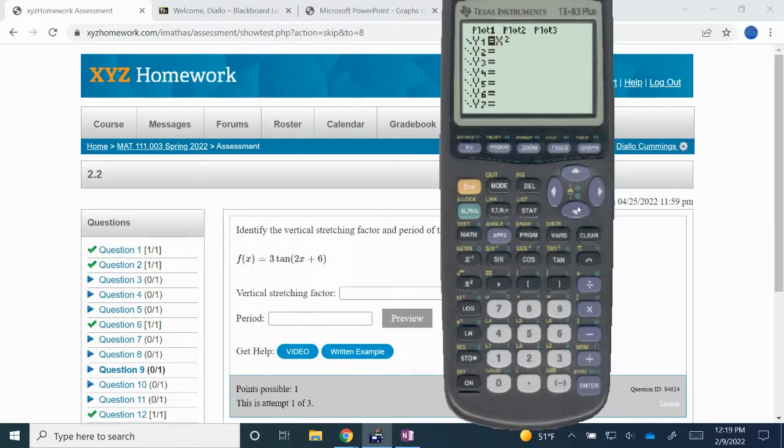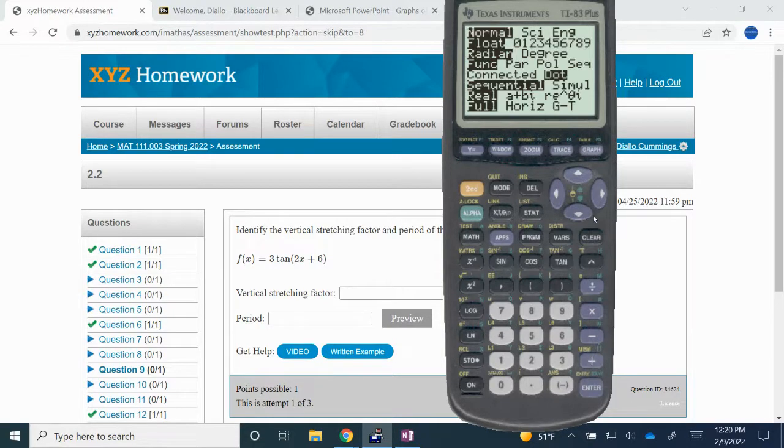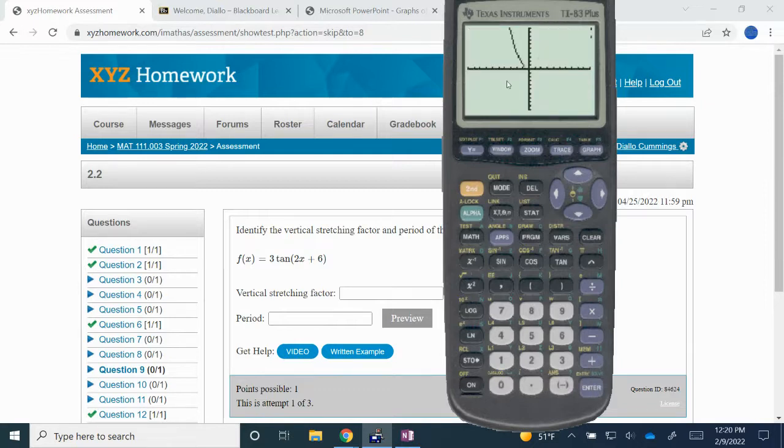For y sub 2, I'm going to graph 2x squared, and I'm going to use connected lines again. Notice that 2x squared is actually a vertical stretch.